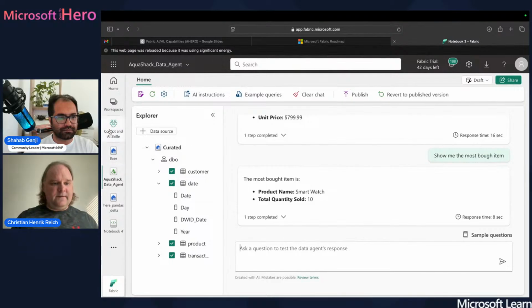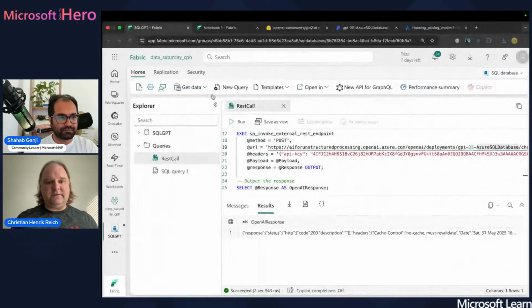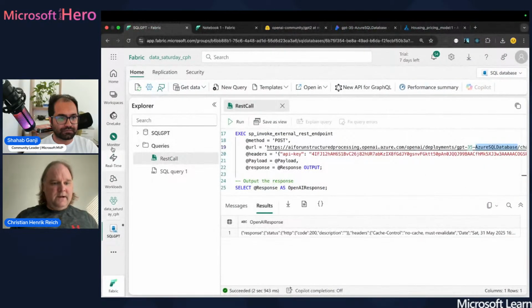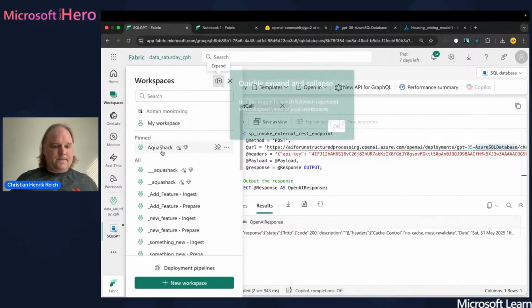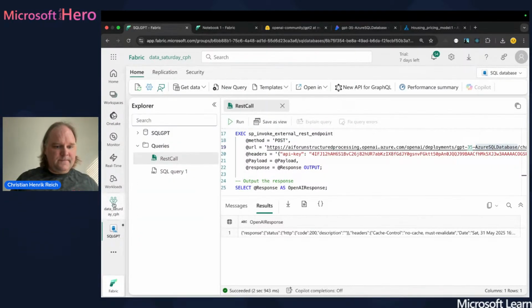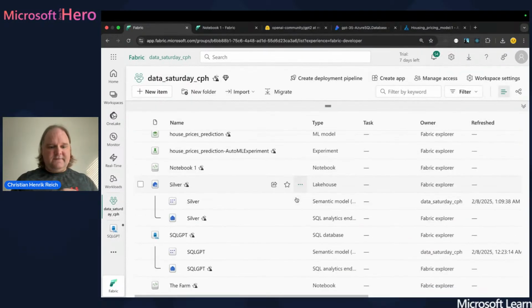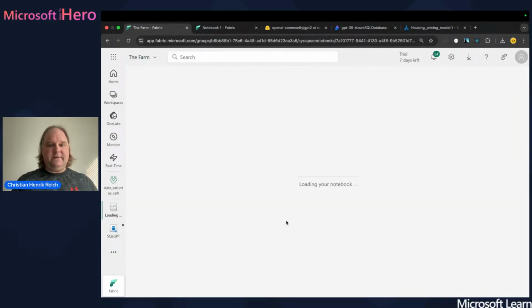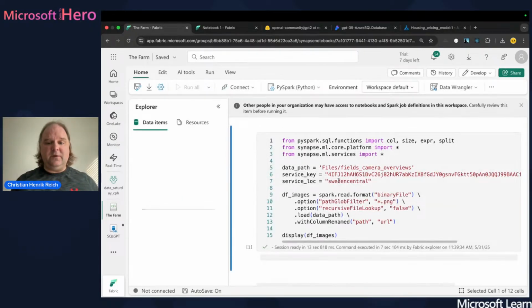I have made, I just have to be at the right one. I've made a notebook, and you're welcome to get this notebook, which I'm calling the farm.